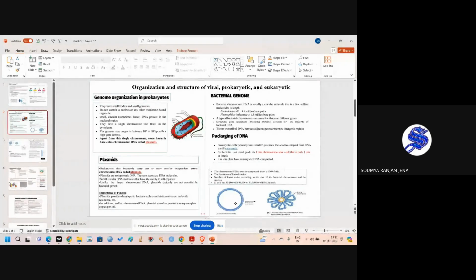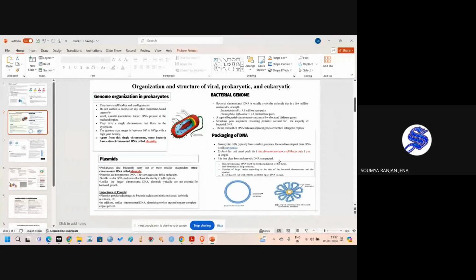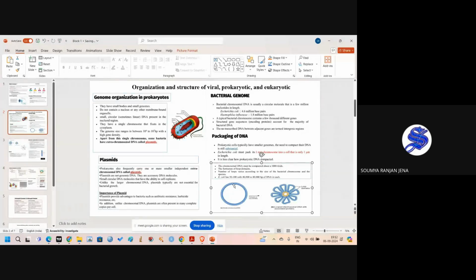This plasmid DNA is required for resistance to antibiotics in human beings and also in other animals. In addition, unlike chromosomal DNA, plasmids are often present in many complete copies per cell. Many copies are also found inside these bacterial cells.